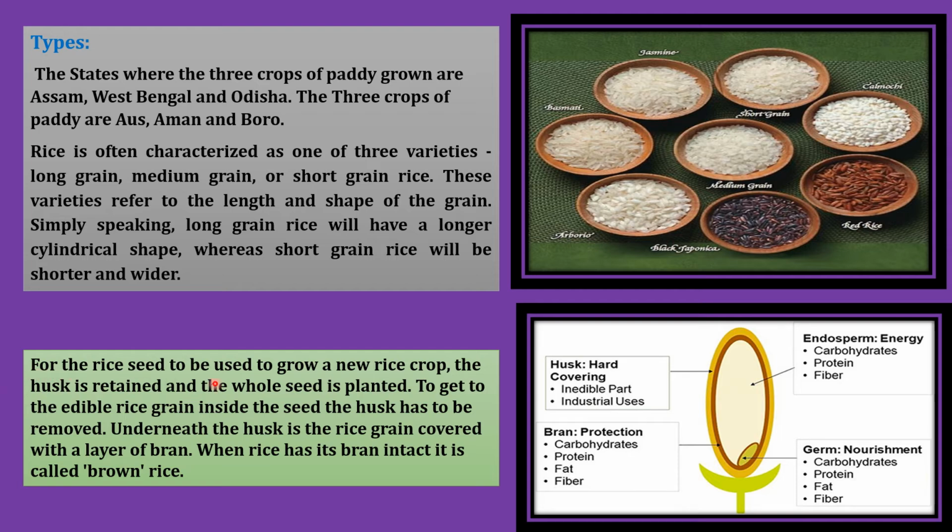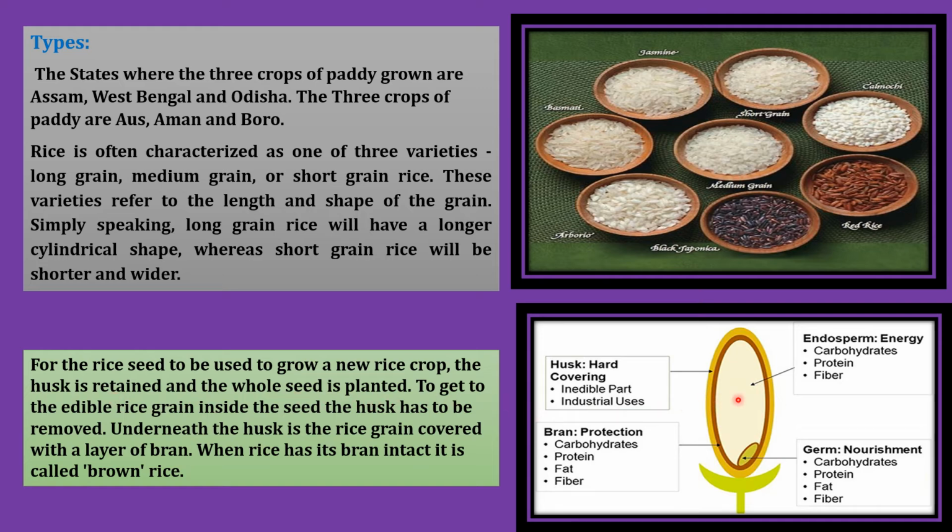Now I am going to discuss the structure of a rice seed. One more thing, this diagram you have to draw and label like this only. If possible, do the labeling on the right hand side only with a straight arrow. For the rice seed to be used to grow a new rice crop, the husk is retained and the whole seed is planted.